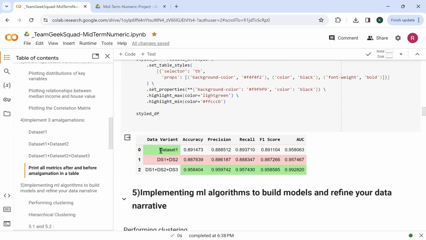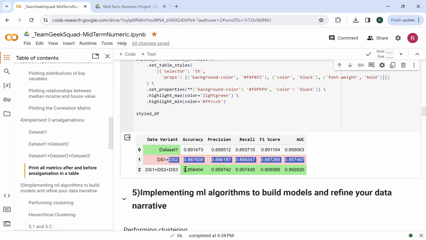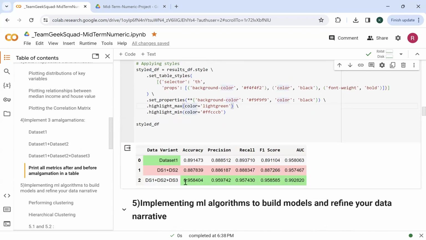Here we can take a look at the values for dataset 1, dataset 2, and dataset 3. The green indicates that we have styled it in a manner that green indicates the highest values. We can take a look at the accuracy column. The highest one is for the amalgamated one, which contains three datasets.